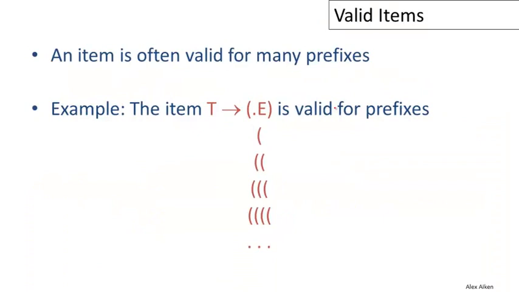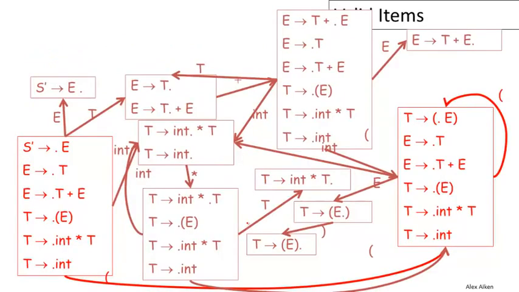Now, an item is often valid for many, many prefixes. So for example, the item T → ( • E ) is valid for all sequences of open parens. And to see that, we can just look at our automaton and confirm that if we see an open paren, remember this is the start state, so if we see an open paren, we take this transition, we wind up in this state here, and then every open paren we see, we just go round and round in this state.